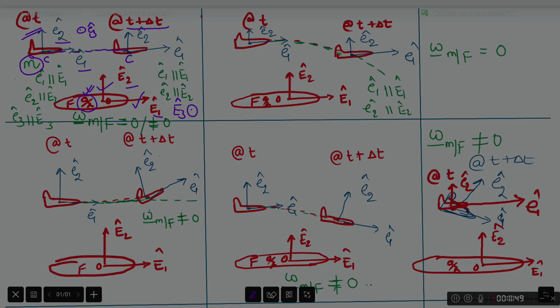Even though C has moved, small e1 and small e2 remain parallel to big E1 and big E2, even at the next time instance. Now, based on the definition that I gave on the previous slide, I pose this question: whether omega mf is 0 or not equal to 0.